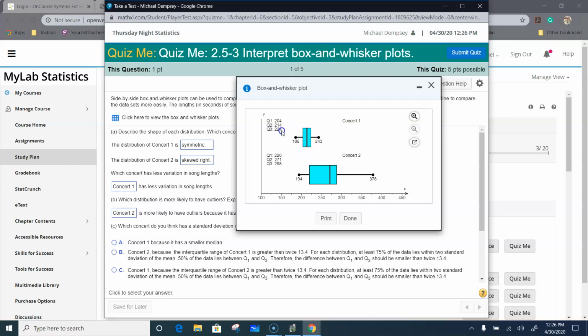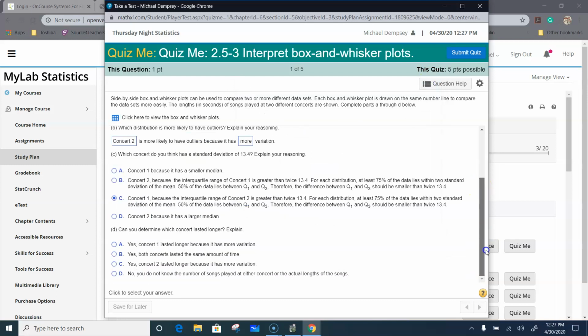The IQR here is 224 to 204. That's only 20. So twice 13.4 would be 26.8, so I'm definitely going to have at least 75% here. I won't have at least 75% here. Okay, so we're going to say Concert 1 would be the one with the 13.4 standard deviation.